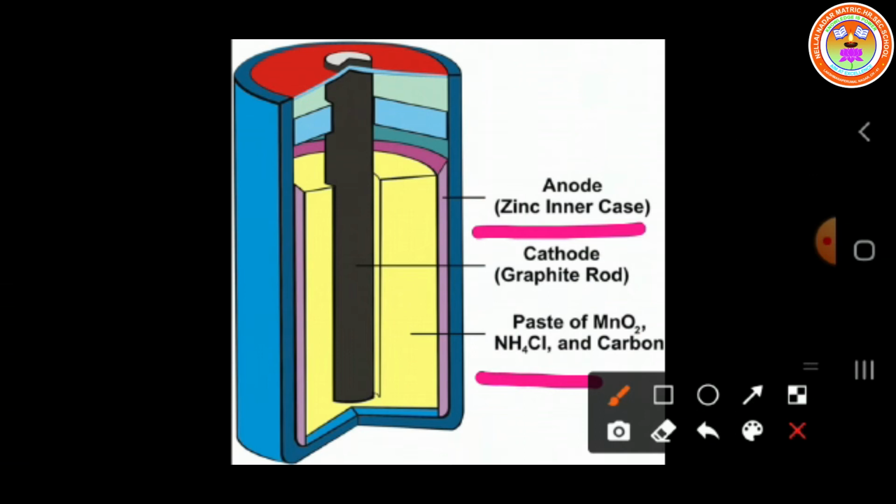The vessel contains a moist paste, you can notice it inside the battery. The vessel contains a moist paste of sawdust saturated with a solution of ammonium chloride and zinc chloride. Here the ammonium chloride acts as an electrolyte.